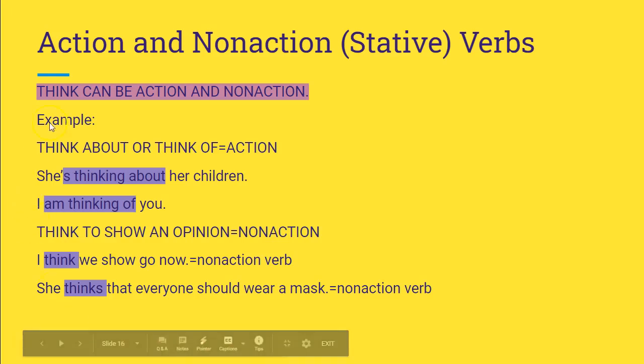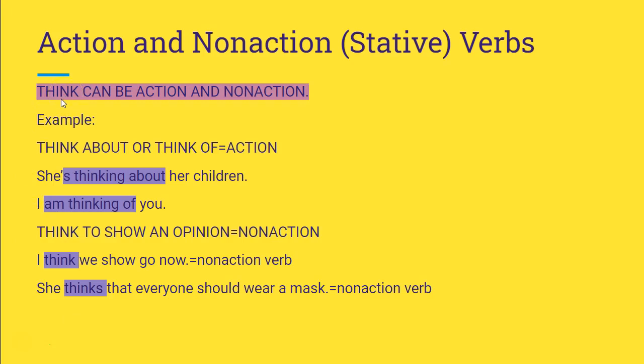Now, however, think, the verb think can be both action and non-action. If we say think about or think of something, then we're using it as an action verb and we can use present continuous. She's thinking about her children. I am thinking of you.